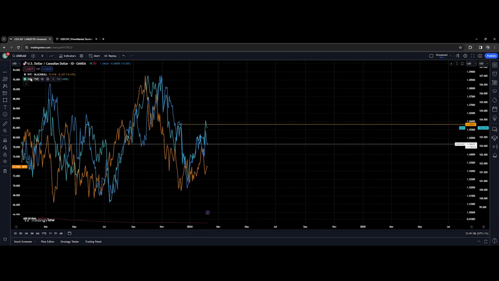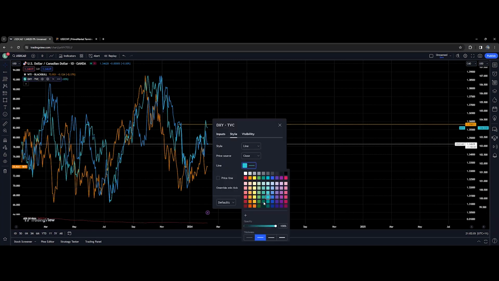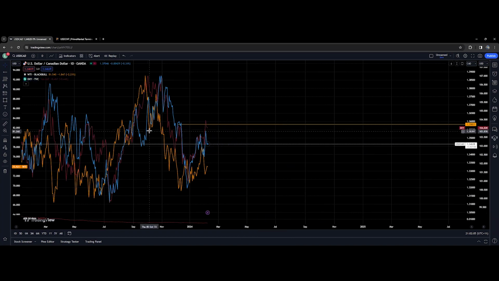Let me change the color. Let me put it red. Yeah, that's a good contrast. It's a mix of those three, basically. It's a mix of oil, it's a mix of USD, and it's a mix of the Canadian dollar.